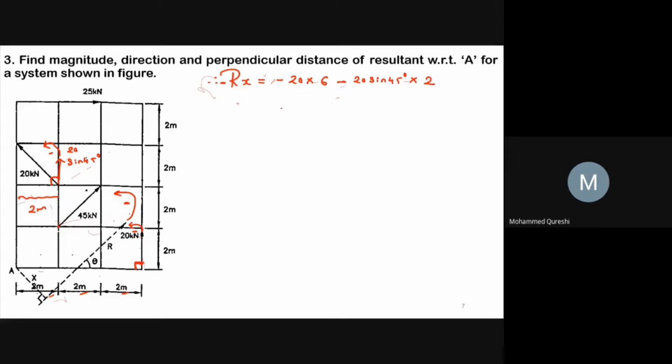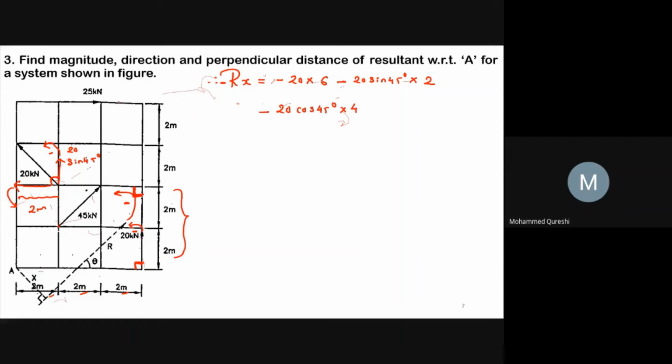Then 20 cos 45, it is this force, 20 cos 45 into this perpendicular distance, that is 4. So 20 cos 45 into 4, and it will move towards point A in anticlockwise direction, hence it will be negative.